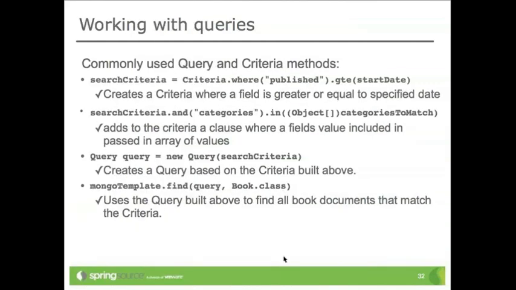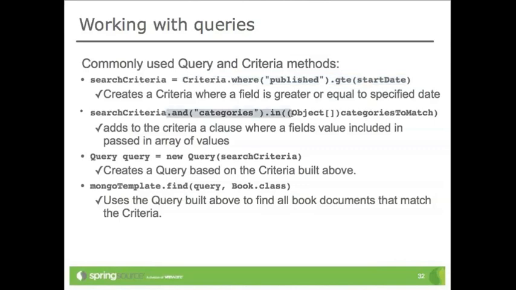And in terms of working with queries, we can see a couple of examples here. We build a criteria, and we say where published, which is the published date, is greater than or equal to the date that we're actually querying on. And this will create a criteria, and then we can add to that criteria.